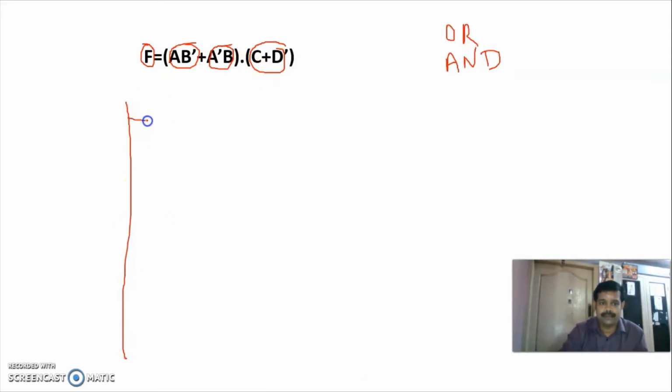A, you put a NOT gate, so you'll be getting A bar.